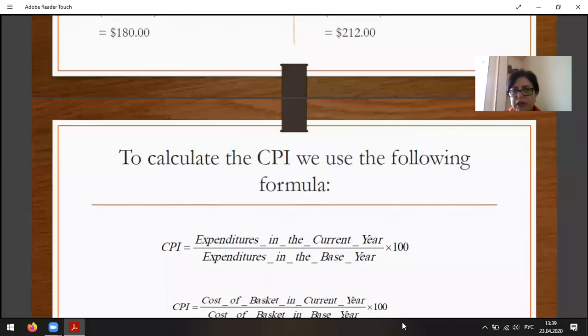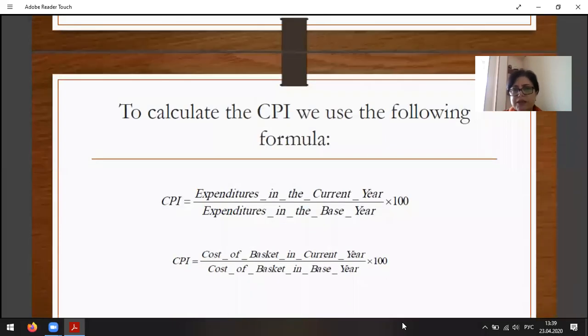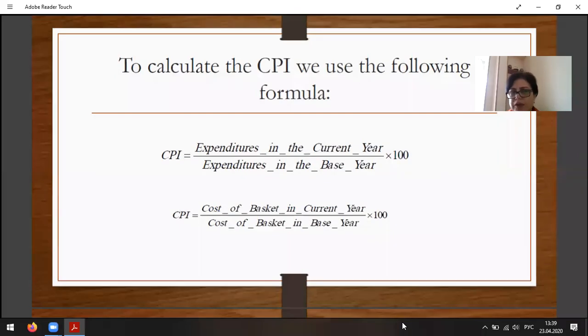So now we go to the immediate calculation of Consumer Price Index, CPI. So that's the CPI formula. Look, expenditures or money spent on market basket in current year, we need to divide by expenditures on the same market basket, but in terms of the prices of base year, and the result multiplied by 100%.